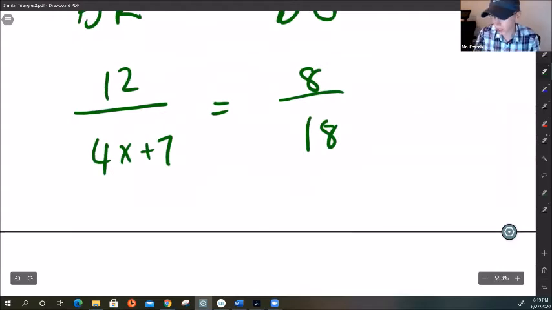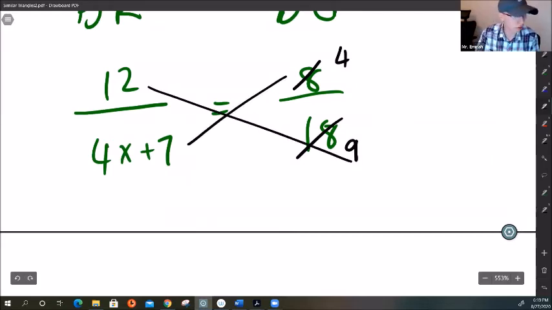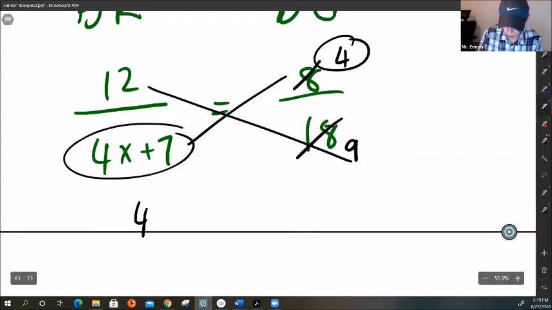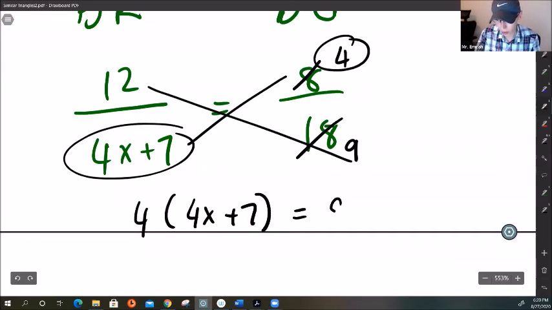Okay, let's solve this proportion like we did earlier. Reduce this by a 2, and then cross multiply. Do you have to reduce it? Not really. So 9 times 12, and I'll multiply this one by 4. 4 times 4x plus 7 is equal to 9 times 12.